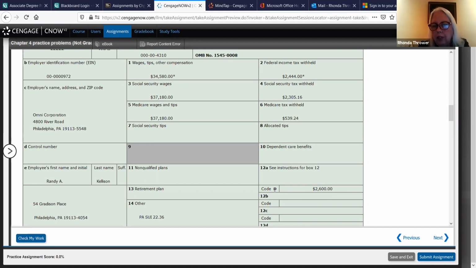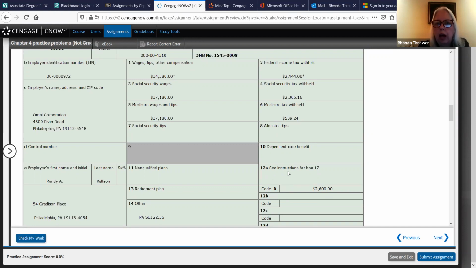Now you're going to need to enter this code here. There are codes that you will enter for the different types of amounts that would be entered in box 12.